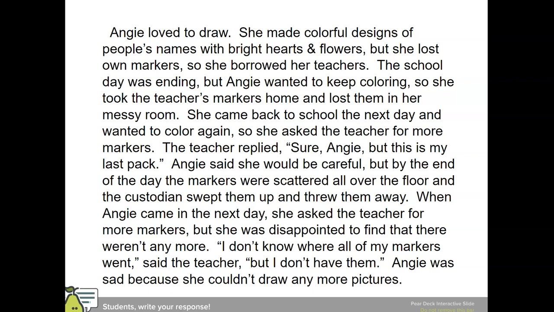Angie said she would be careful, but by the end of the day, the markers were scattered all over the floor, and the custodian swept them up and threw them away. When Angie came in the next day, she asked the teacher for more markers, but she was disappointed to find out that there weren't any more. "I don't know where all of my markers went," said the teacher, "but I don't have them." Angie was sad because she couldn't draw any more pictures.